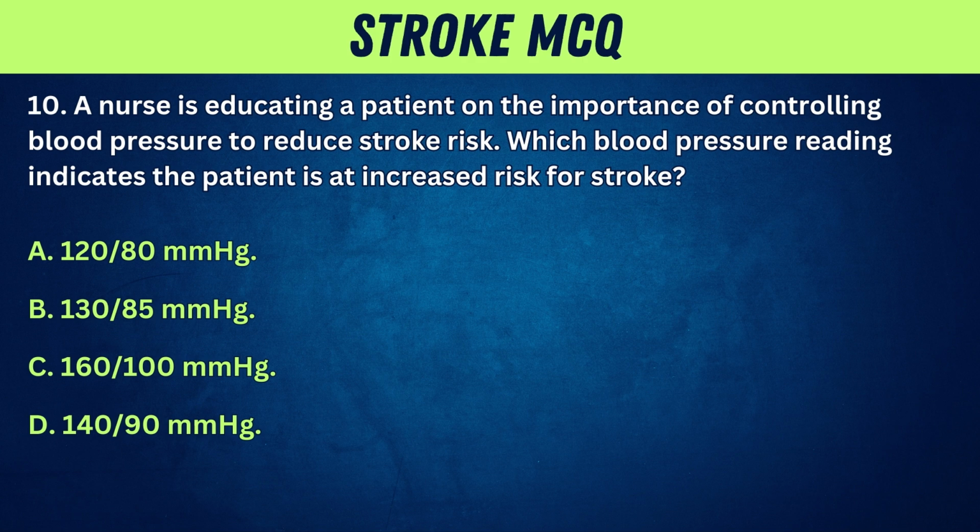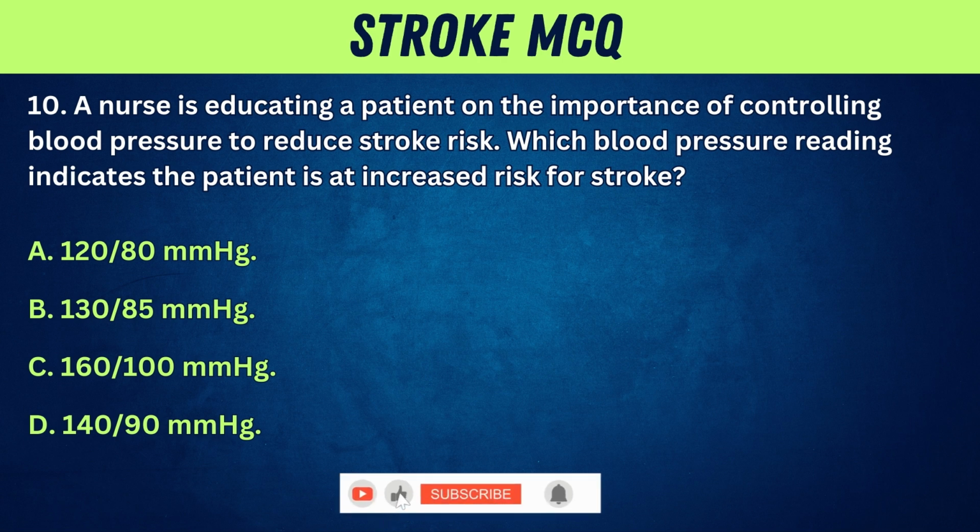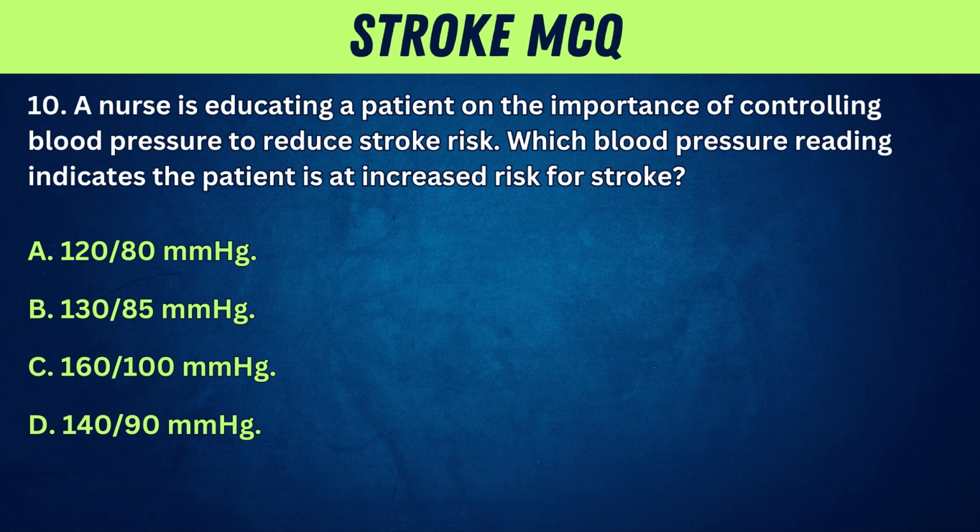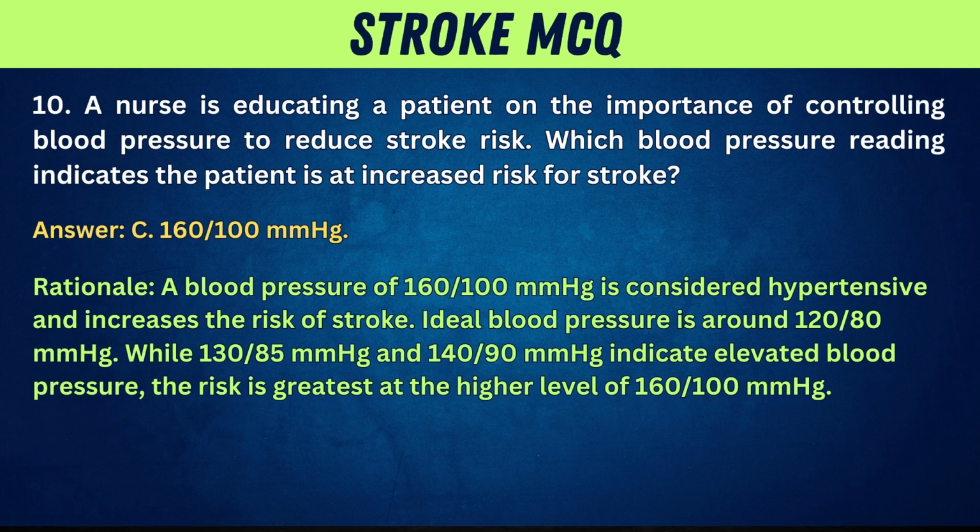10. A nurse is educating a patient on the importance of controlling blood pressure to reduce stroke risk. Which blood pressure reading indicates the patient is at increased risk for stroke? A. 120/80 mmHg. B. 130/85 mmHg. C. 160/100 mmHg. D. 140/90 mmHg. Answer: C. 160/100 mmHg.